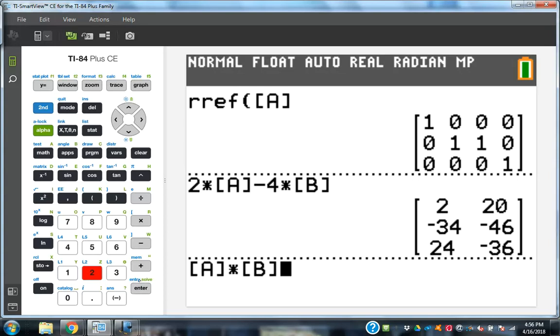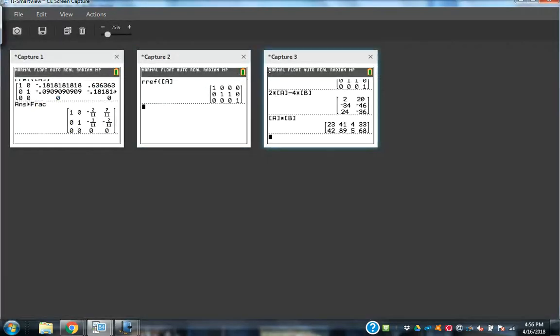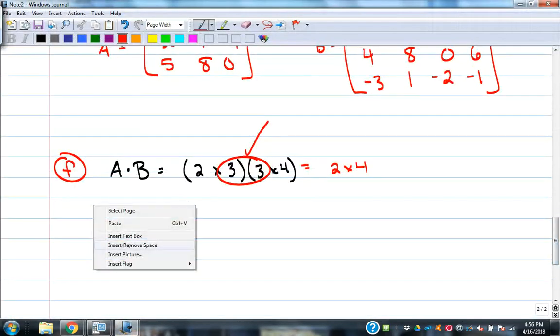I don't ever chance it. I always just put it in there. That way I know where I got that. So 23 and 41, those were the numbers that I found by doing it by hand. But 23, 41, 4, 33. That's multiplying that stuff out.